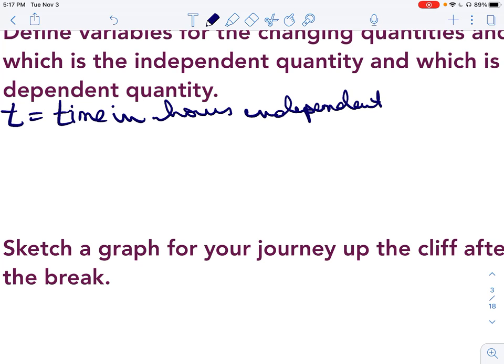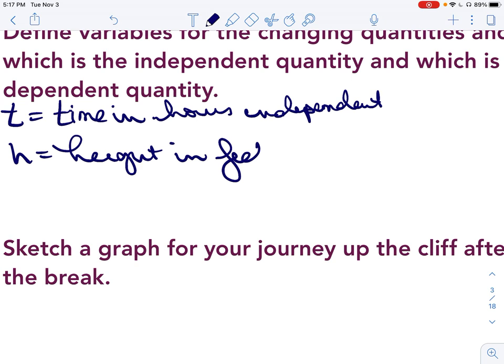Okay, then height, so my height in feet is my dependent. Depending on how much time has gone by is how high we've gotten.